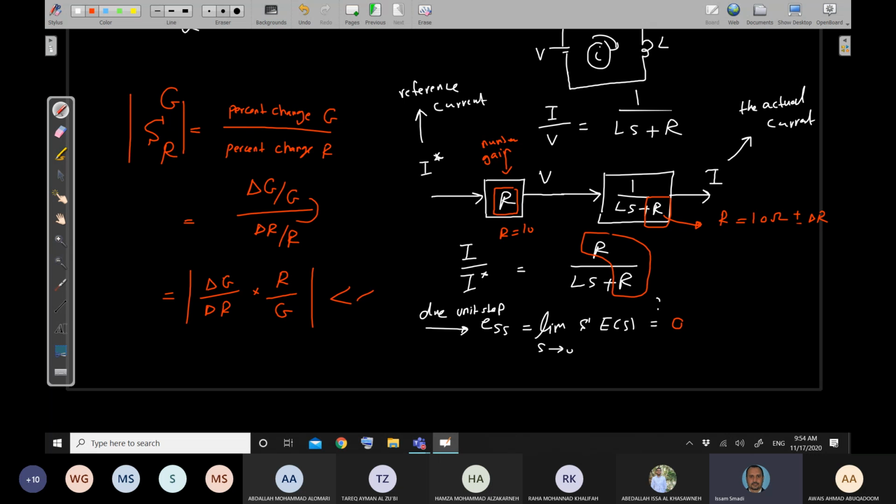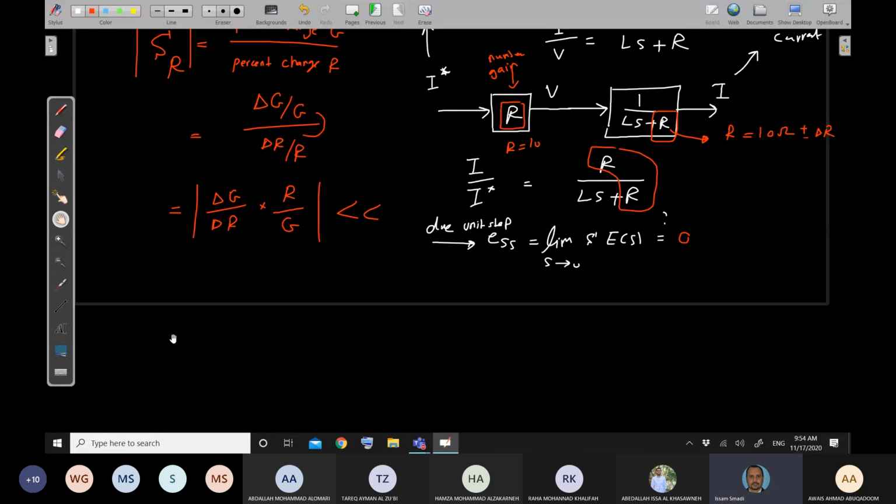I need to minimize this one. If this is very, very small, then the system is less sensitive to parameter variation.